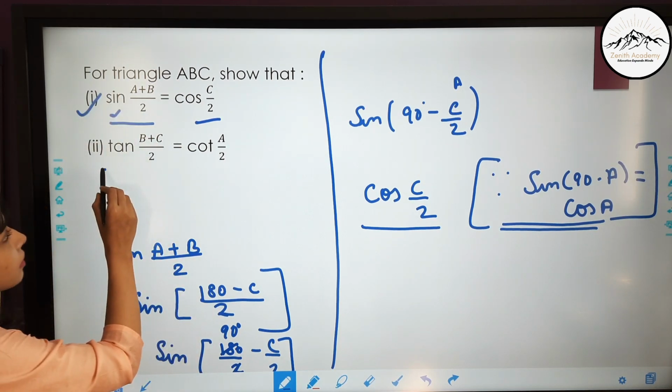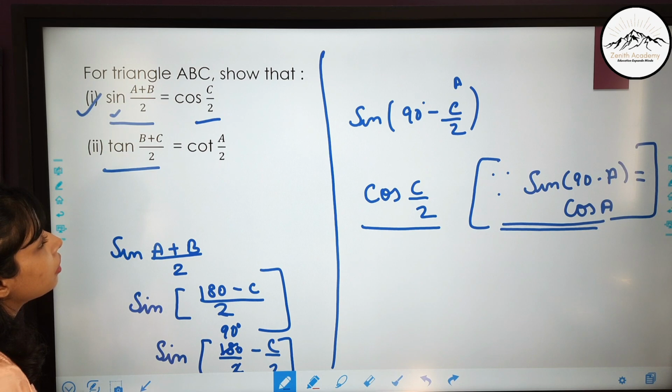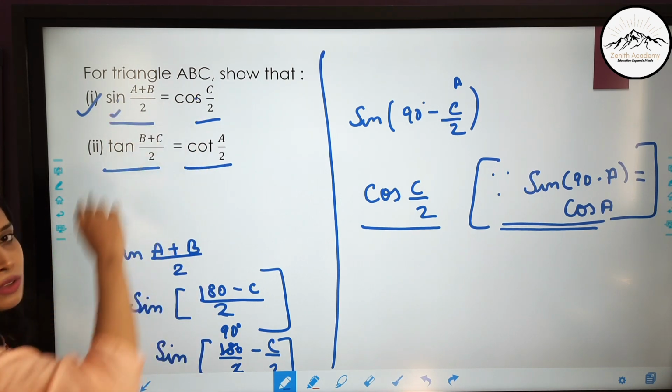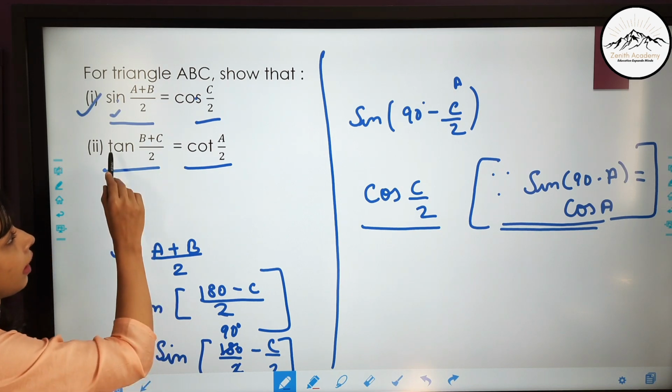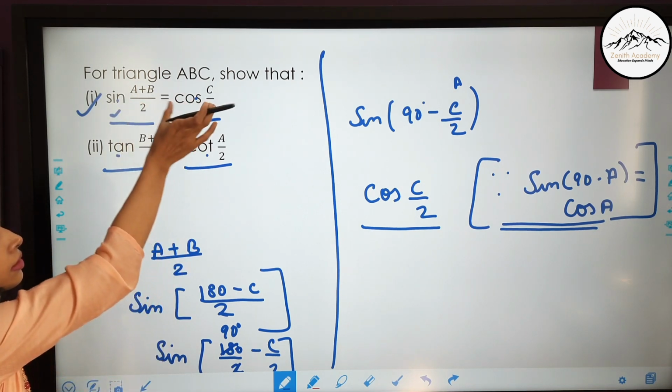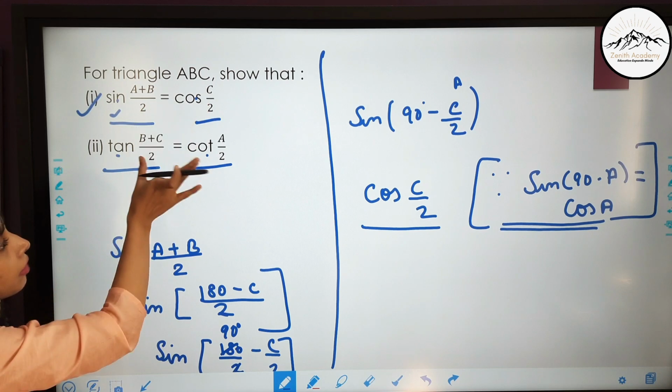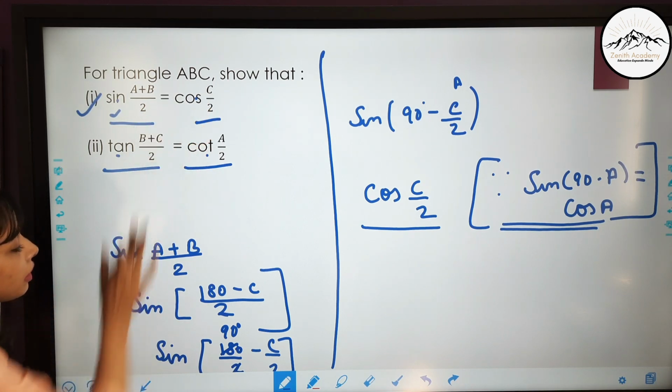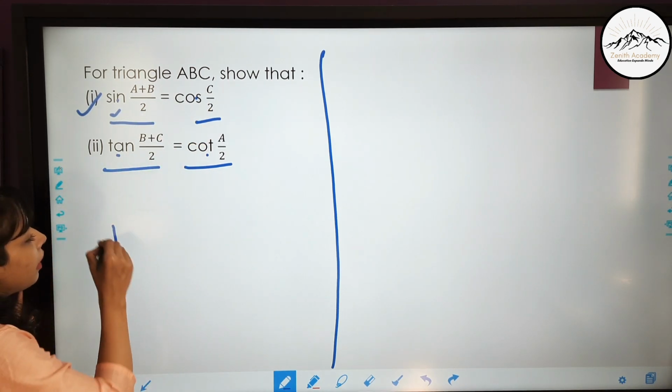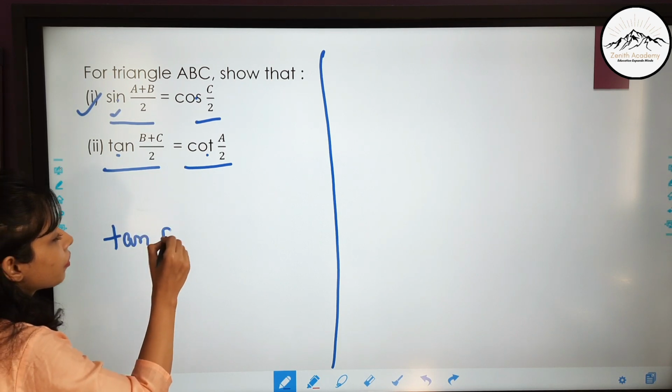Our second part says, tan B plus C by 2 is equals to cot A by 2. Sine and cos are related, complementary angles, and tan and cot are related. We can do the same method which we have done in this. Tan B plus C by 2.